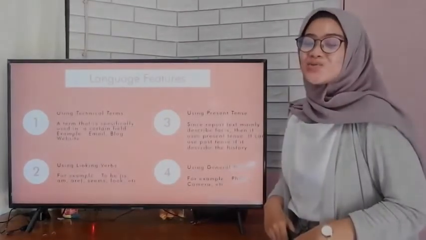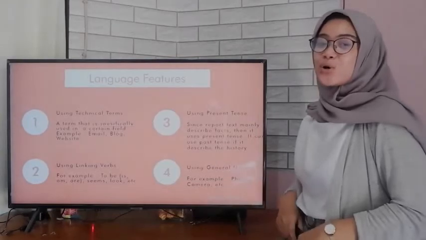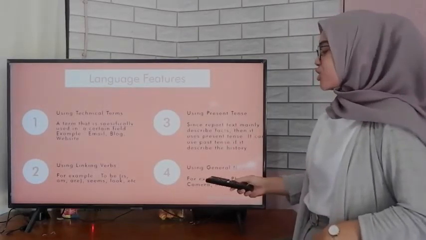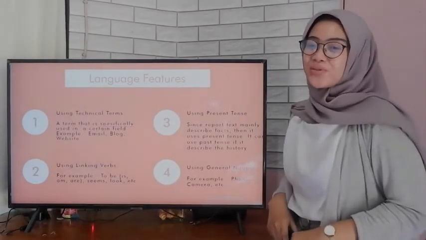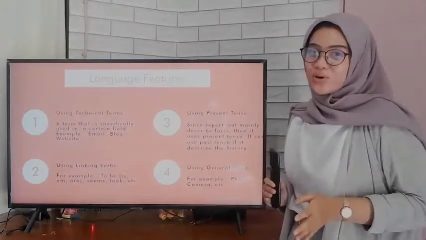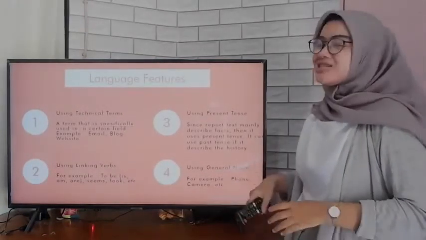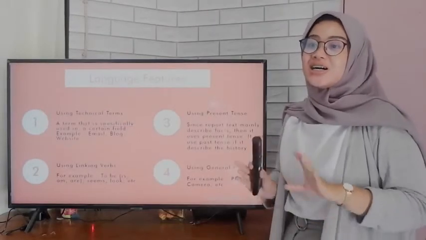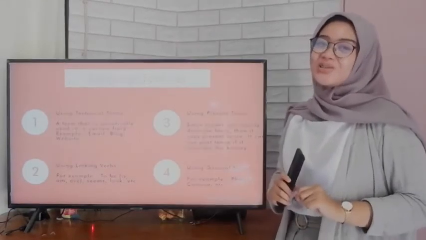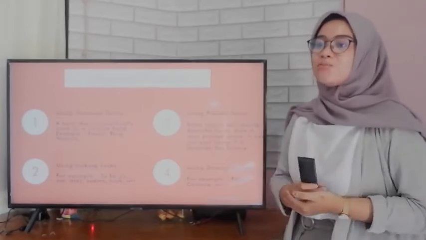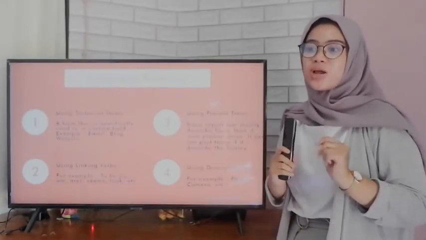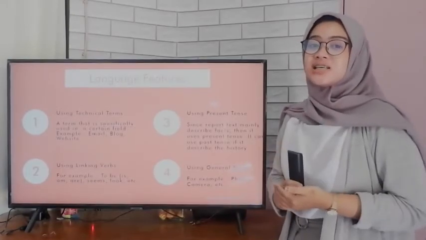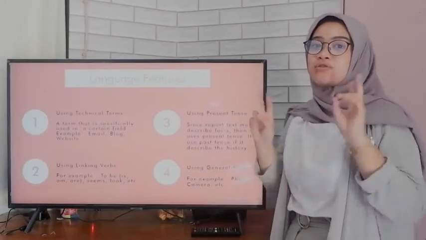So guys, let's move to the last one, or the fourth. The fourth is using general nouns. So, of course, we have to use general nouns because we describe general things. So for example, if you want to describe a phone, then you just need the word phone.